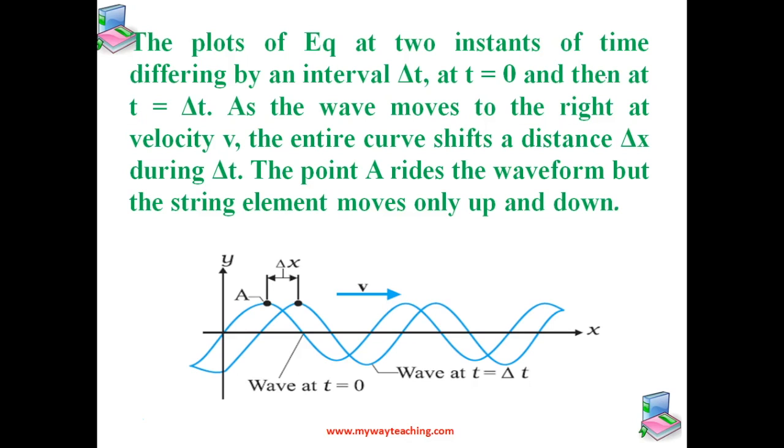You can see in this particular figure, it gives the shape of the wave at two instants of time which differ by a small time interval delta t. They have observed this crest to see the points. The entire wave pattern is seen to shift right, that is in the positive x direction, by a distance that is delta x, isn't it?